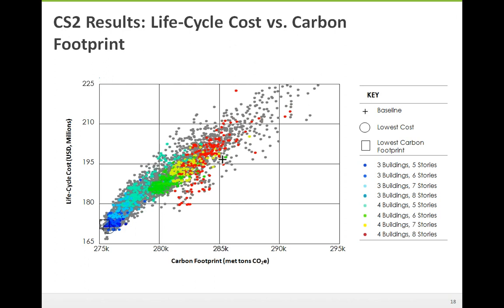Even more interesting, there are some red dots which reduce the cost significantly compared to the baseline. So same massing but significant reductions in cost.